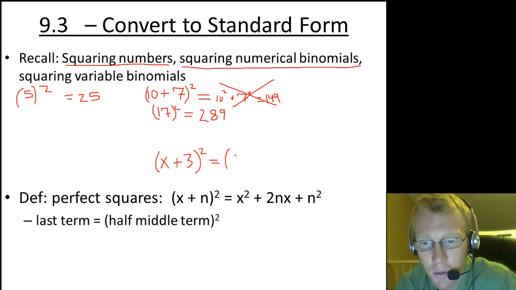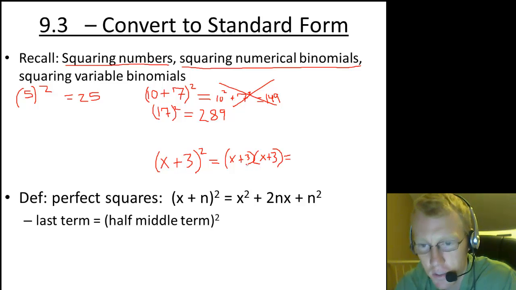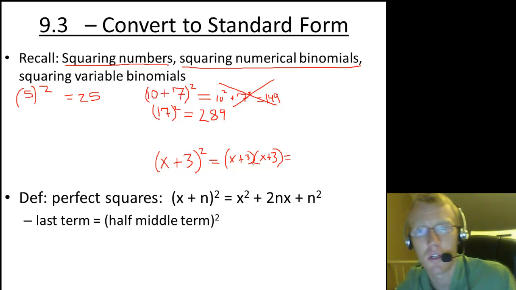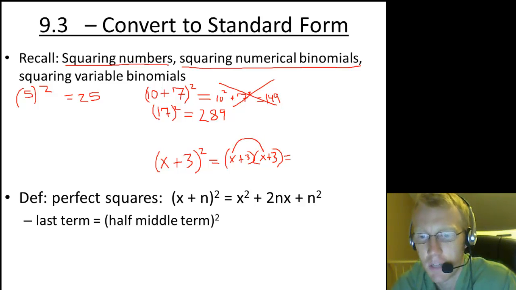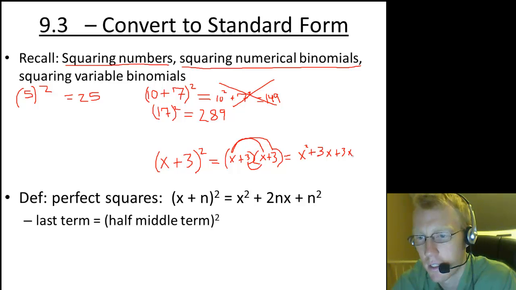The way that we're going to do it is we're going to show something squared just means it times itself. So this is x plus 3 times x plus 3. And now how you solve this one is up to you. You can use FOIL, you can use rectangle diagram, or you can use distribution. Personally, I like distribution, which is really FOIL. So first times first, x squared. First times last is the outers, so plus 3x, inners plus 3x, and last plus 9.